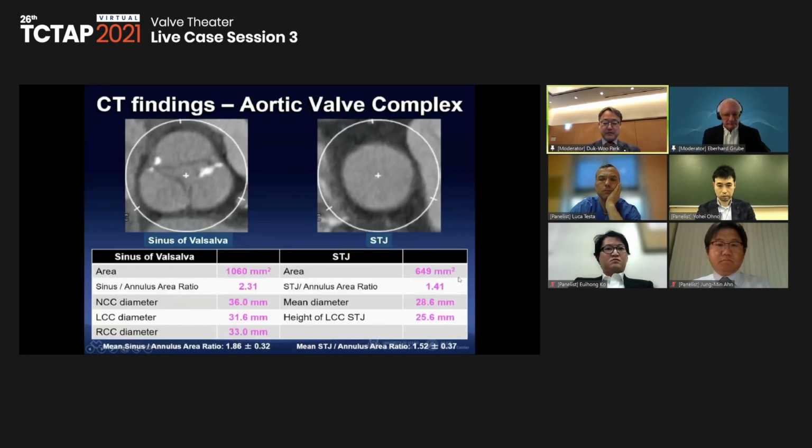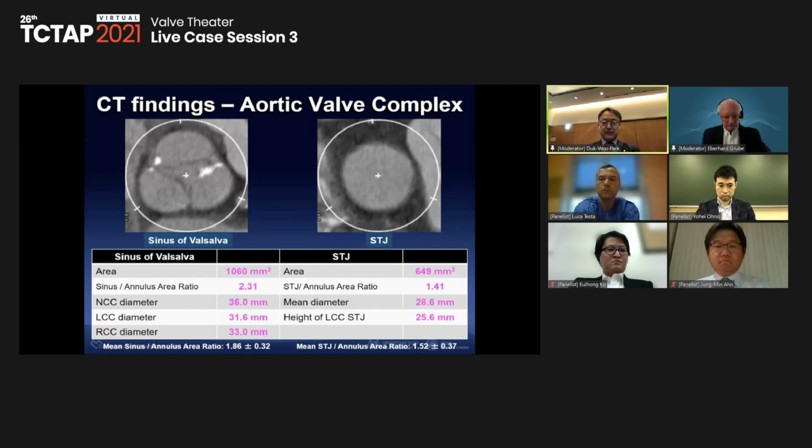This is the sinus of Valsalva and the sinotubular junction. What we focus on in this slide is the ratio between the sinus of Valsalva and the annulus. The ratio in the sinus of Valsalva is 2.3, and the mean ratio between sinus and annulus is written below the table.